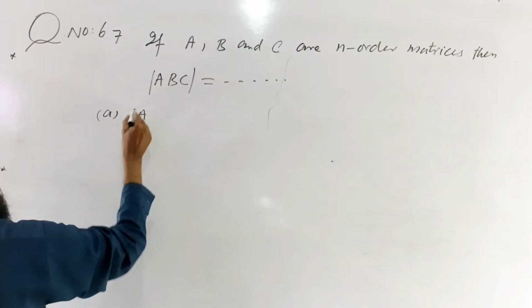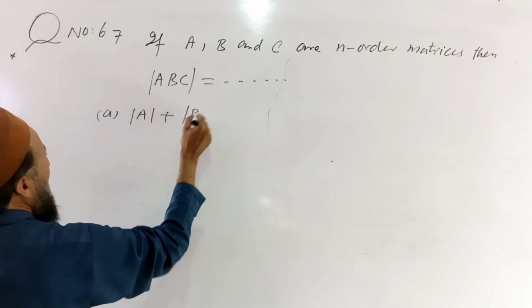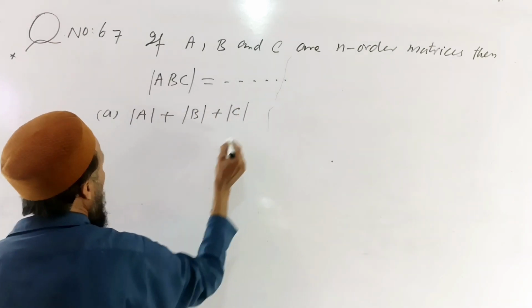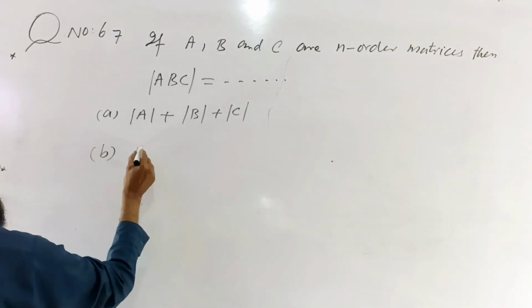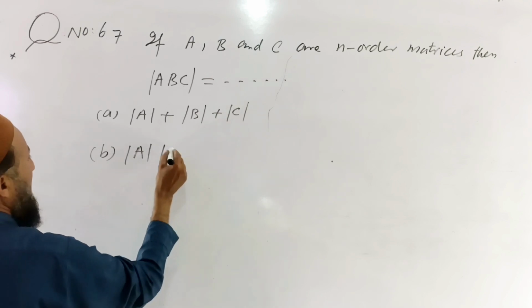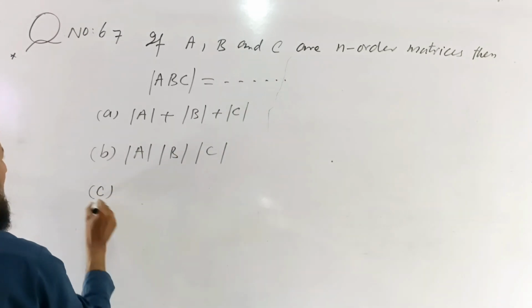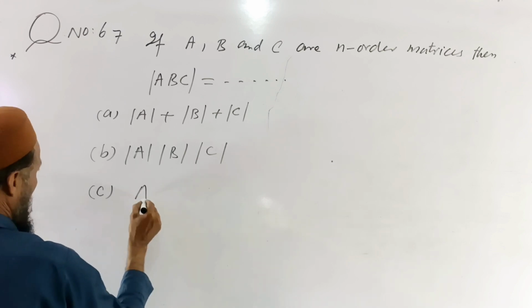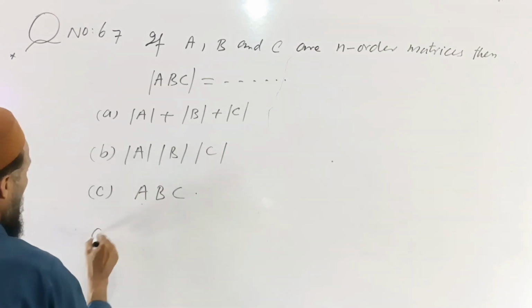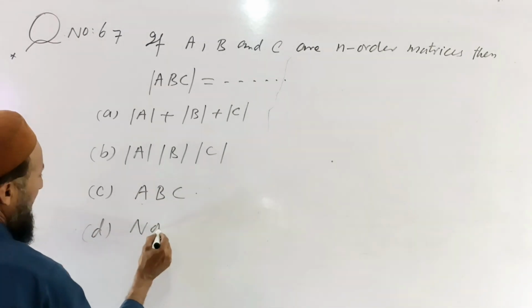A: determinant of A plus determinant of B plus determinant of C. B: determinant of A, determinant of B and determinant of C. C: is equal to A, B and C. And D: none of these.